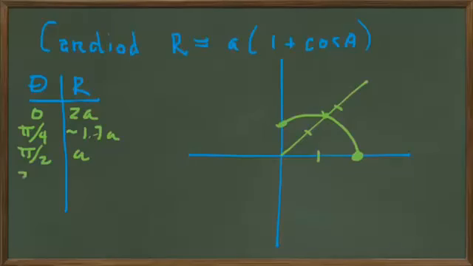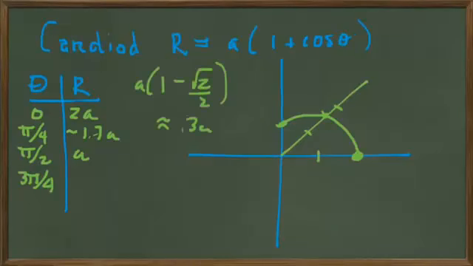At the angle 3 pi over 4, cosine is negative, so you see the calculation right here, we get approximately 0.3a. And then finally at pi, cosine is minus 1, so we get a times 1 minus 1, or 0. So let's plot those 2 points and extend the arc there.